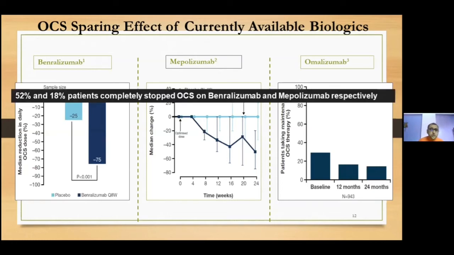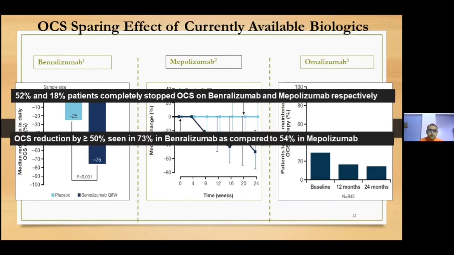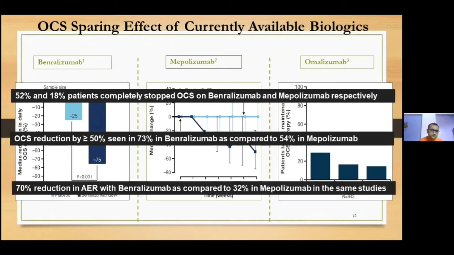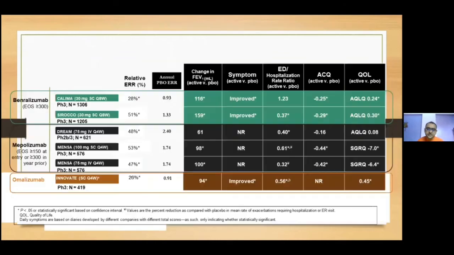So 52% and 18% of patients completely stopped OCS on benralizumab and mepolizumab respectively. Oral corticosteroid reduction by more than 50% was seen in 73% on benralizumab as compared to 54% on mepolizumab, and 70% reduction in acute exacerbation rate with benralizumab as compared to 32% with mepolizumab in the same studies.